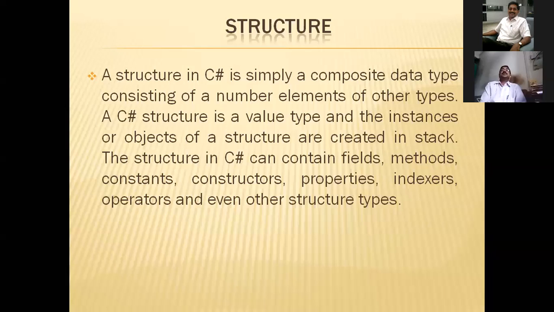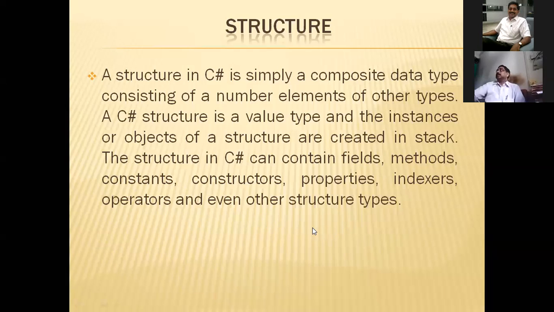So this is a C# structure where we can comprise composite data types, that is integer, float, character, double, methods, fields, constants, constructors, properties, indexes, and different structure types.